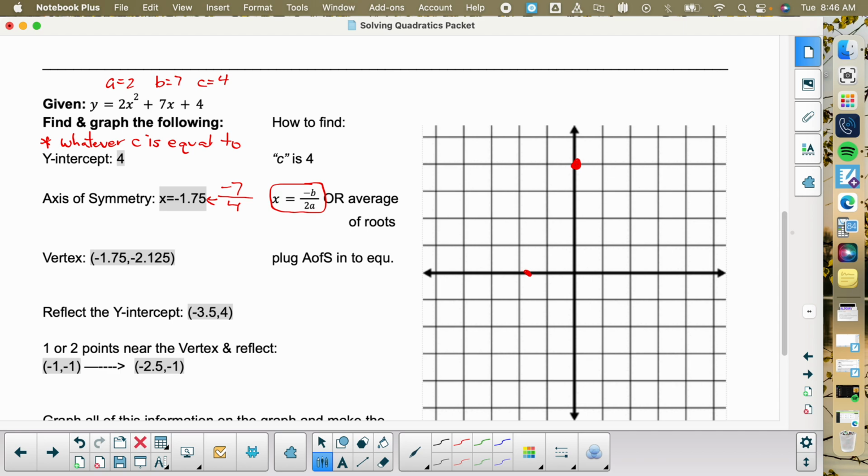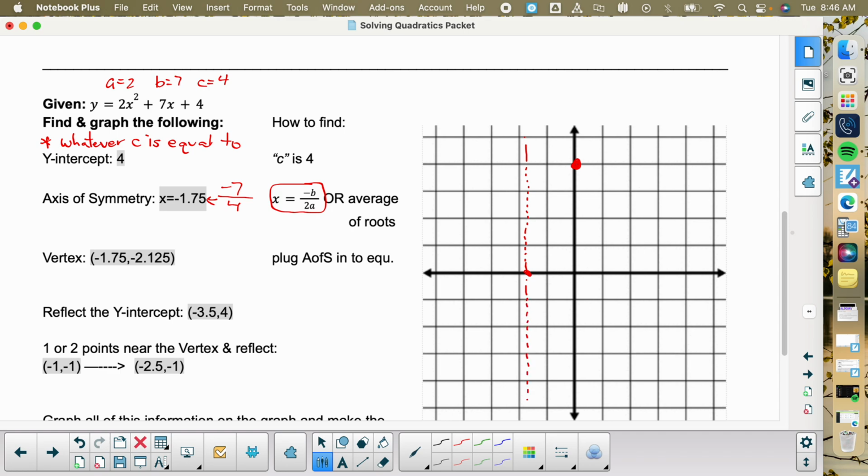But the line, it's the line of symmetry, it's the axis of symmetry. I also called it like a mirror image. It's just a line that you can fold your U in half so that it's a mirror image. So when we find our axis of symmetry, it's an imaginary line that just goes up and down.